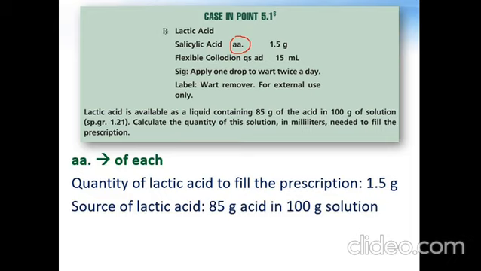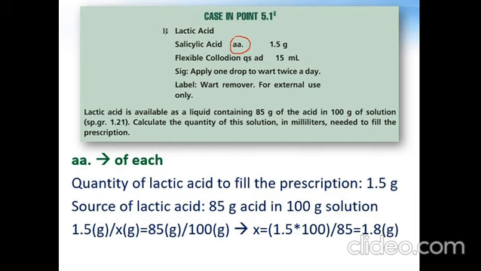And the source of lactic acid, that is 85 gram acid in 100 gram solution. That means you have to calculate how many grams of solution you need, because the solution is not pure lactic acid.